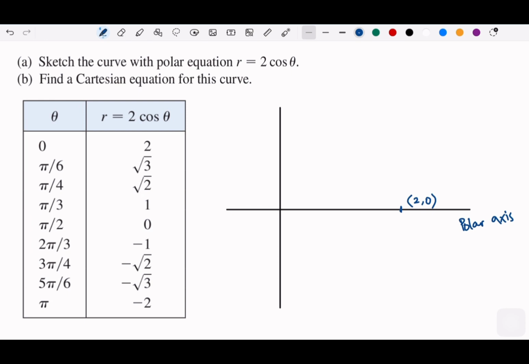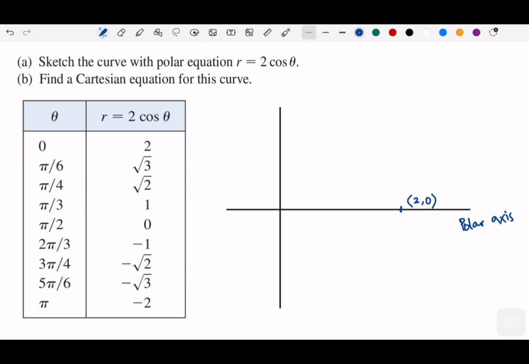Then you move on to pi over 4, square root of 2, maybe here, going there. Then pi over 3 is 1. So if 1 is here, maybe pi over 3 is going to be around here.